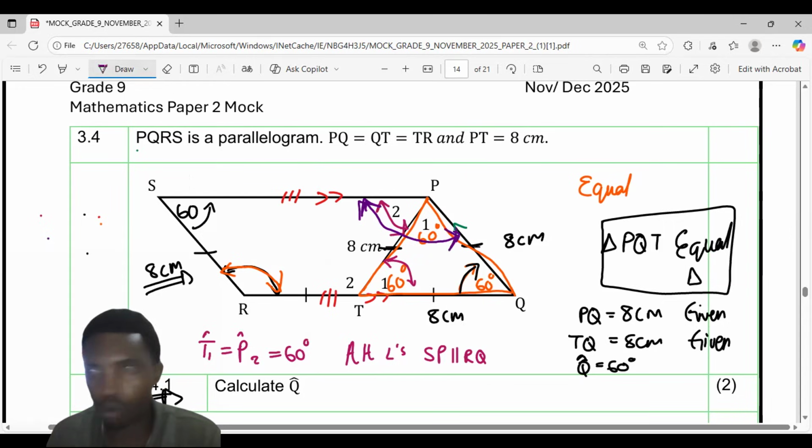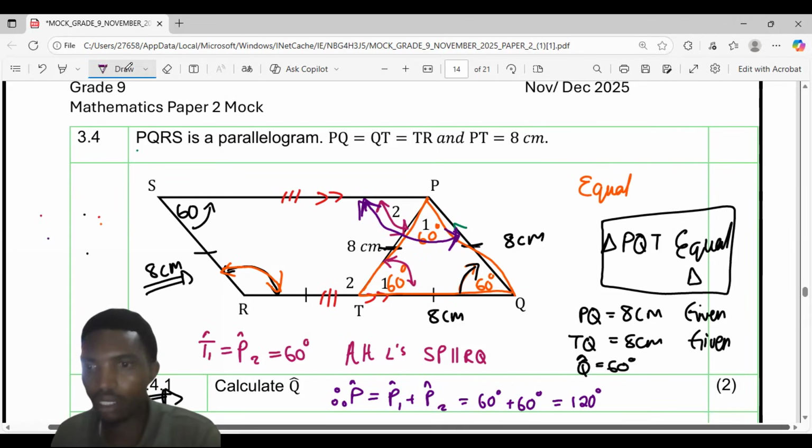How much is angle P, the whole of it? 120, right? Yes. Then we say, therefore, angle P is equal to angle P1 plus angle P2, which is 60 degrees plus 60 degrees. And then this gives us 120 degrees.